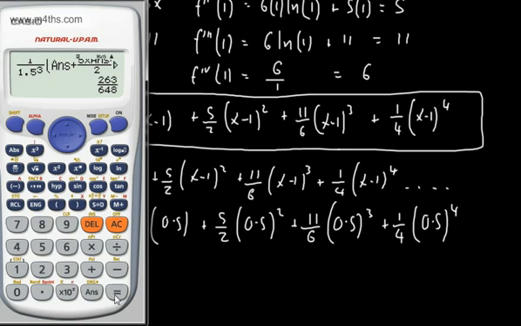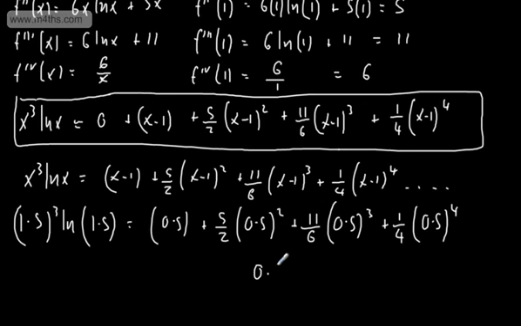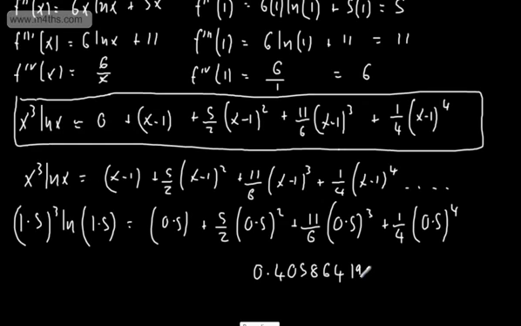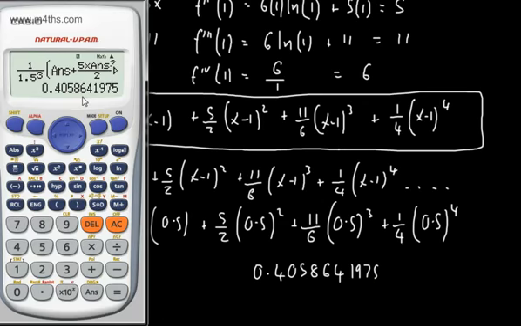And then this gives us now 263 over that. So we're going to get now 4058641, was it? Let's now see if that's good.